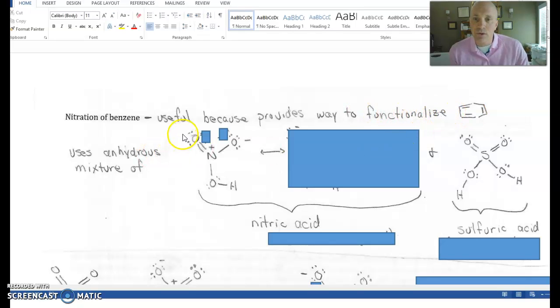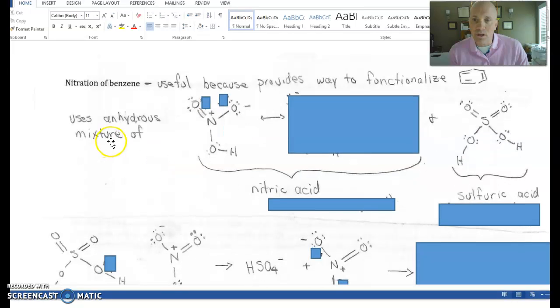So in this reaction, what it makes use of is an anhydrous mixture of chemicals. We'll actually have three chemicals in the reaction mixture: benzene, nitric acid, and sulfuric acid. And notice I say anhydrous, and what that means is no water.